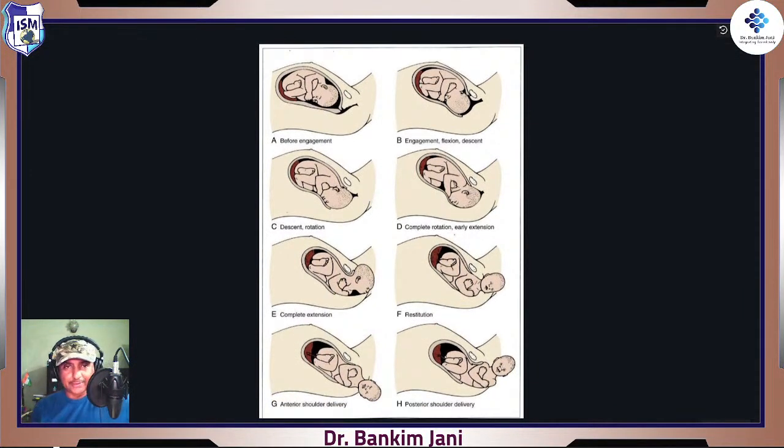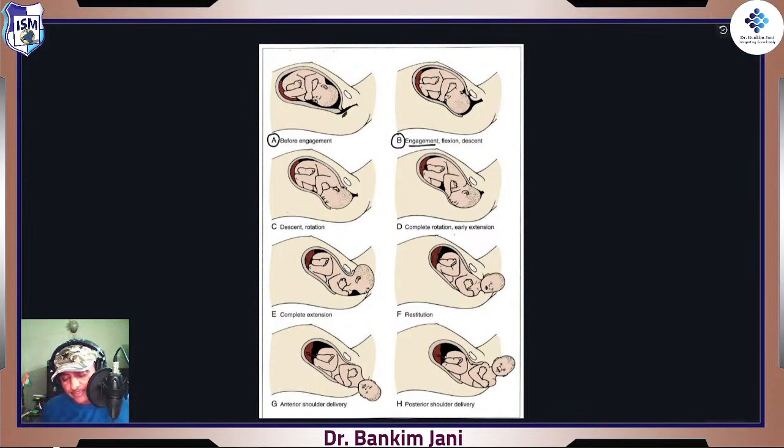Now, so many things included in one. This is before engagement. See, there is no dilatation. Cervix is closed. Now, from the top there is power, the uterus is contracting. Then there is a bony pelvis in front, so the head of the baby would automatically be flexed, and the descent starts and the downward journey starts.